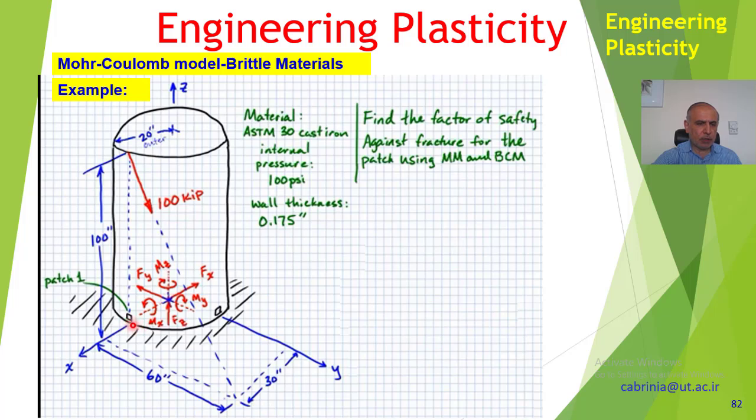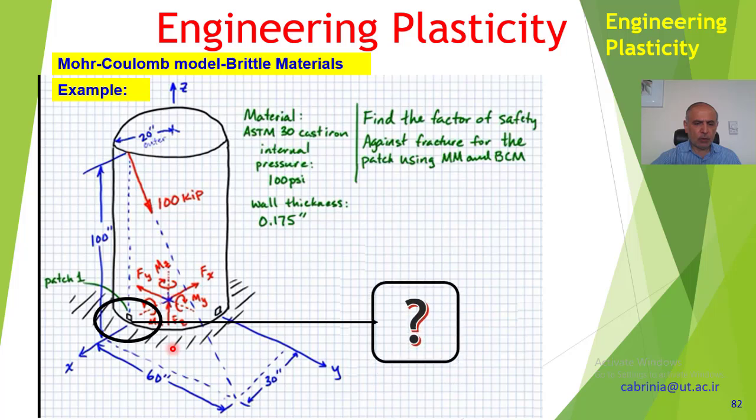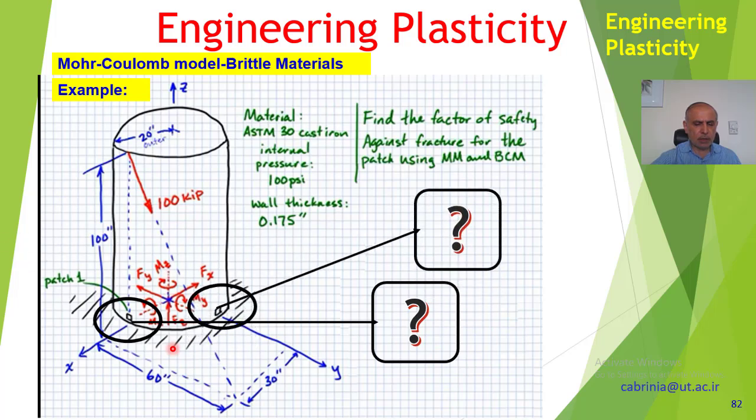It is shown here and there. We have two patches, patch 1 and patch 2. That's one element, and we want to find the stresses on that element and then the factor of safety. And the other one is this one. This is called a patch, an element on the surface of the cylinder.